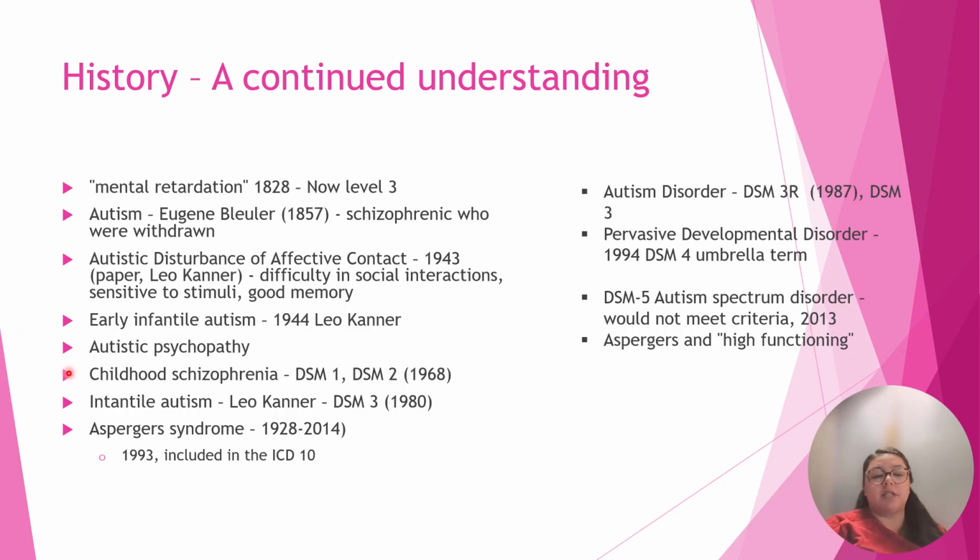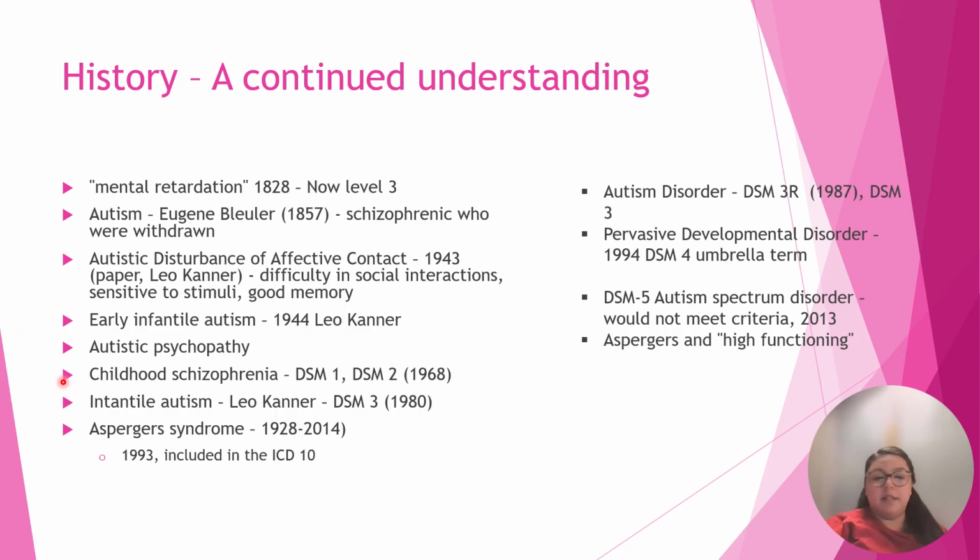Childhood is an interesting use, and schizophrenia appears here and here. There is that connection, because it's describing somebody who has social withdrawal, and this was in the DSM-1 and DSM-2, last seen in the DSMs in 1968.